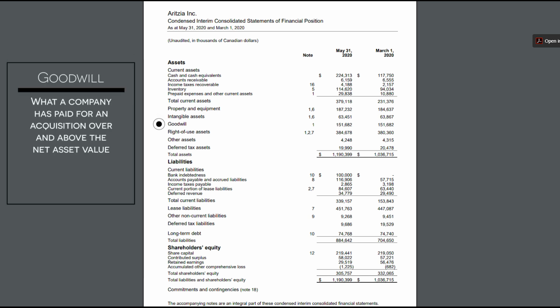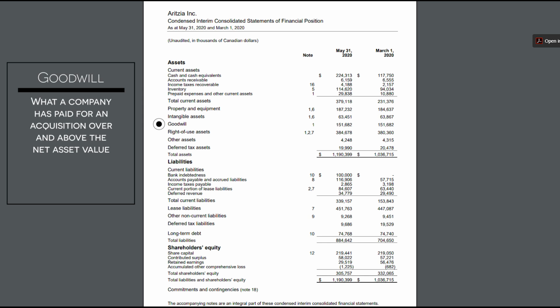So next up we have goodwill. The actual definition of goodwill is the chance that a customer will make recurring business with the same company because of its reputation. A prime example would be the diehard truck fans out there: Ford, Dodge, GMC. If somebody were to buy Ford, for example, there would be a certain net asset value that Ford provides. Keep in mind, I am completely making up numbers here.